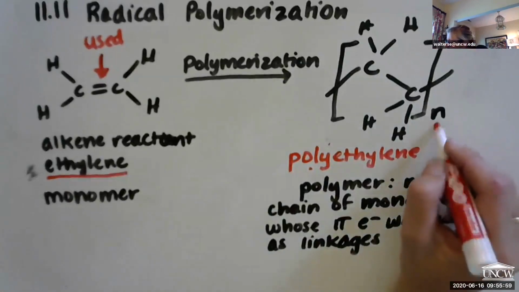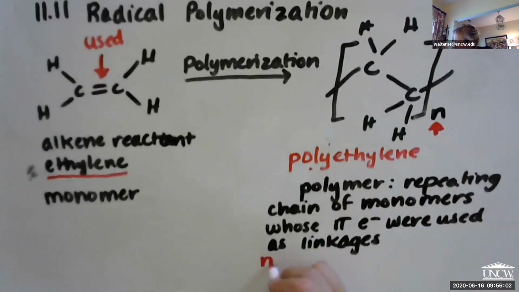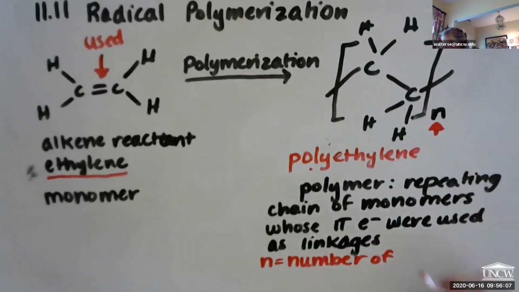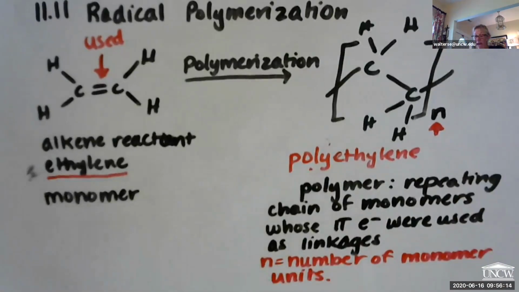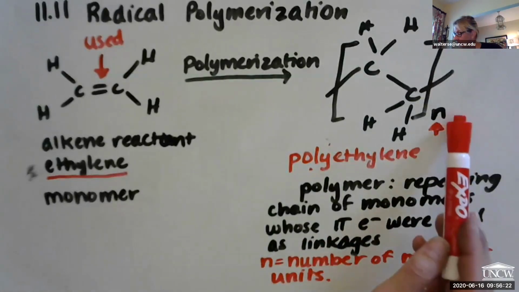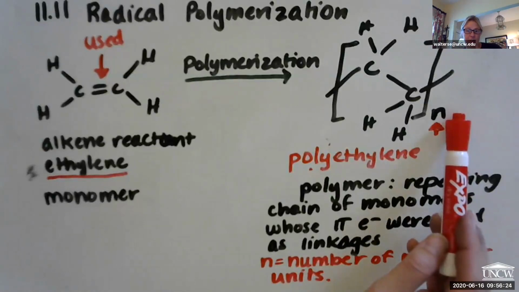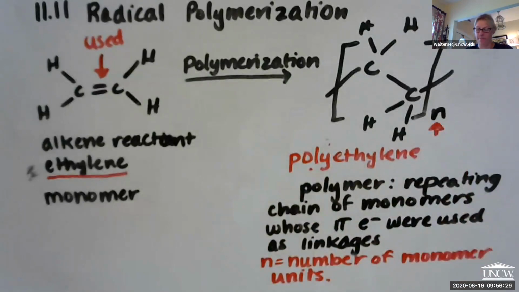And here, n is the number of monomer units. To be honest, I don't really know how, in an industrial sense, you control the number of monomers in there. That would be a later, more advanced class on polymer synthesis.